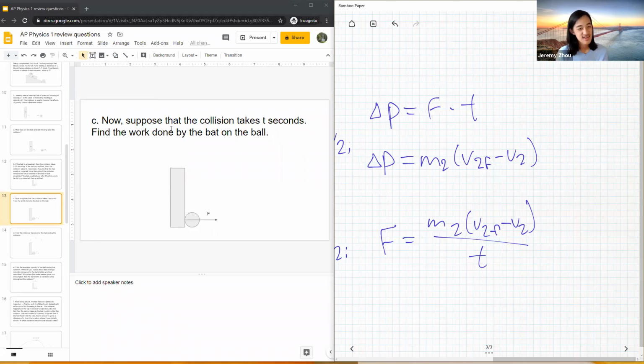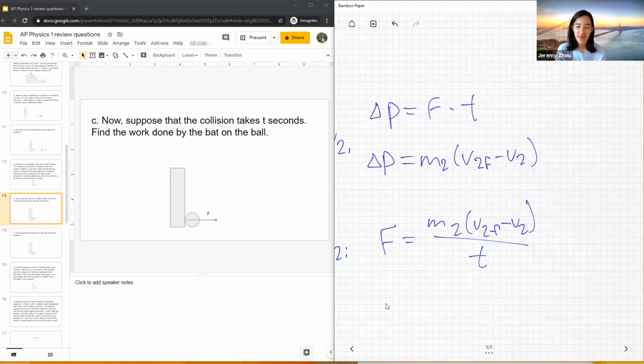Question C. Find the work done by the bat on the ball. Anyone have ideas for this? Right, work energy theorem, or I don't like to think of it as a theorem, but that's just kind of the definition of work in my opinion.